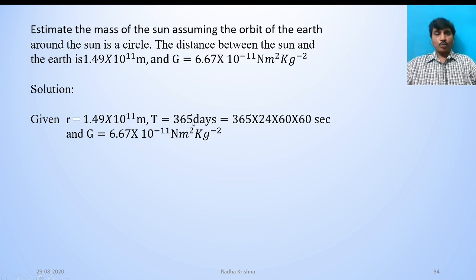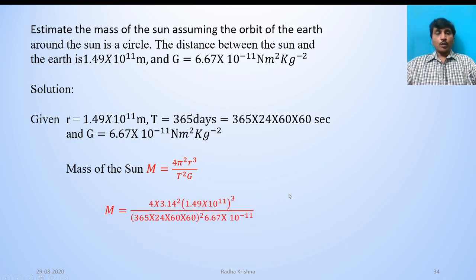Time period T is equal to 365 days, that is 365 times 24 times 60 times 60 seconds. Mass of the Sun, capital M, is equal to 4 pi squared r cubed by T squared times capital G. On substituting and solving we get the mass of the Sun, capital M, is equal to 1.972 times 10 to the power of 30 kilograms.